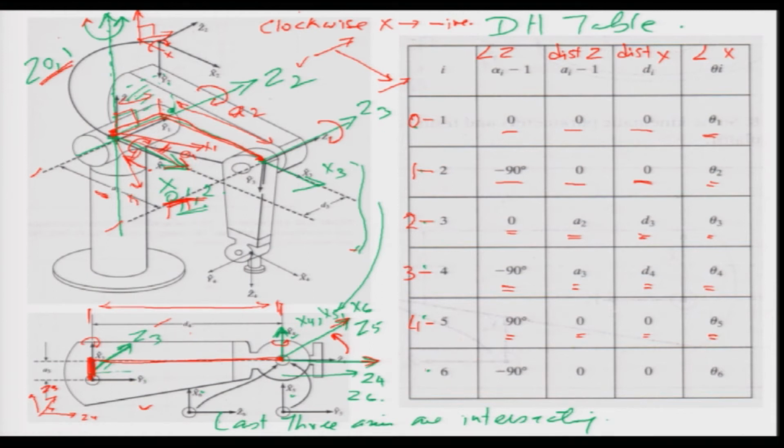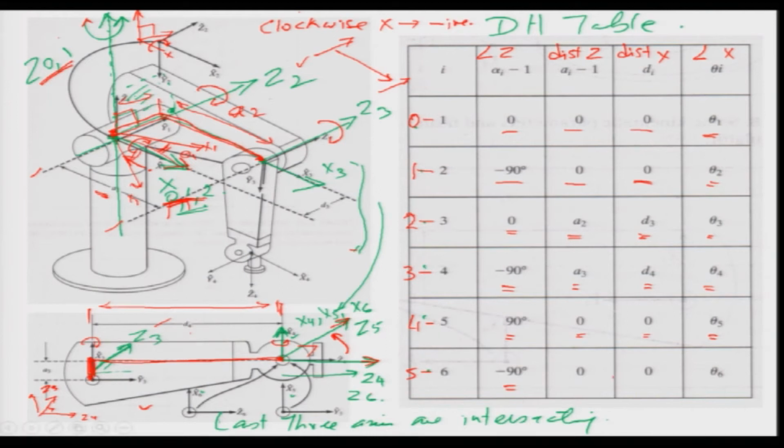Okay. Now, moving on to the last link, that is 5 and 6. So, if you look at the 5th and the 6th, Z5 is in this direction, and Z6 is this way. It is along the Z4. Okay. So, again there is an angle of 90 there, but now the rotation is clockwise about the x. So, this Z5 rotates clockwise about the x axis and becomes Z6, and hence this is a minus 90.